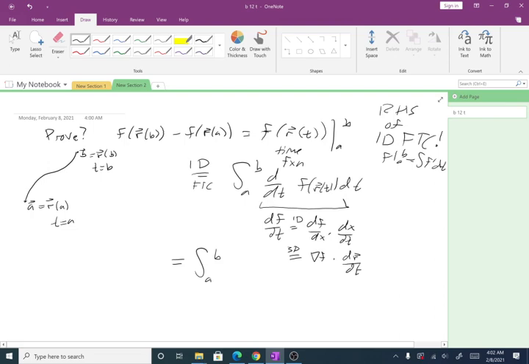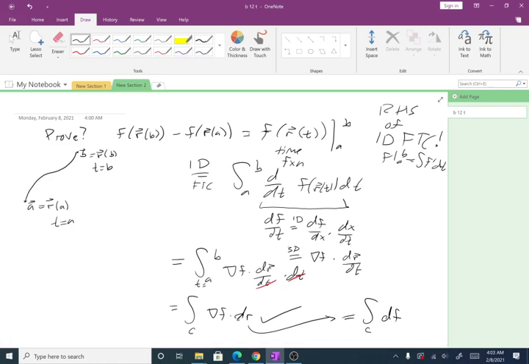So if we plug this in, we get the integral of the gradient of f dot dr dt times dt. Of course, these have a nice cancellation. And now you replace these t's with just your curve. And really, you can interpret this expression as just the integral of df over that curve.